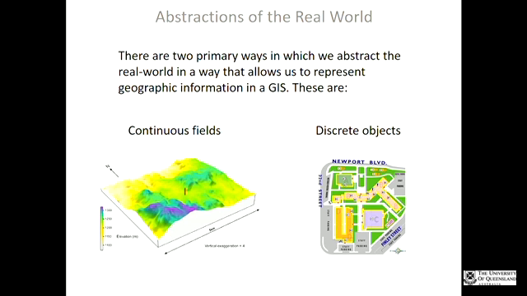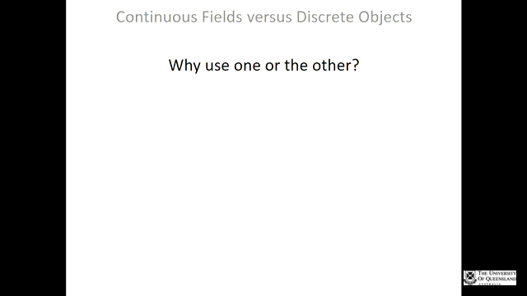Discrete objects are representations of things that have well-defined boundaries, essentially. Okay. So can you think of something? I'm going to talk a bit more about when we use one or the other. But do you have some examples of when you might use a continuous representation versus a discrete representation?